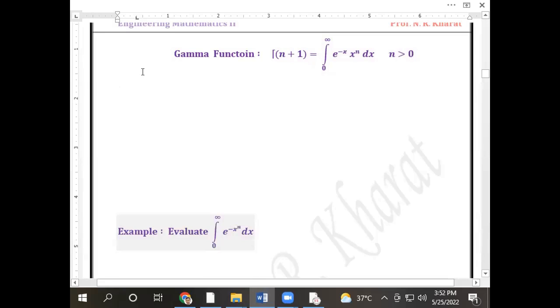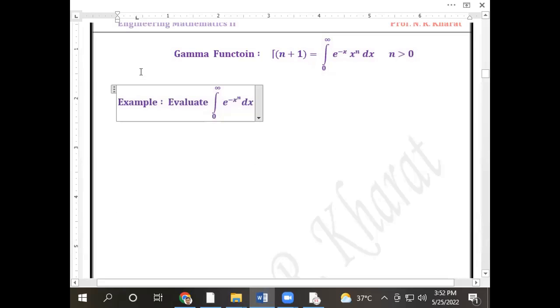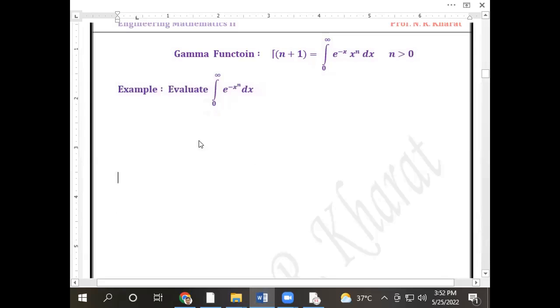So here, the first type is that if the integration runs from 0 to infinity of e raised to minus x raised to n dx, we have to solve this particular integration. But this example is not solvable directly because we don't know the value of n.